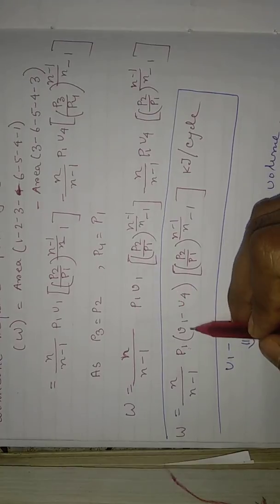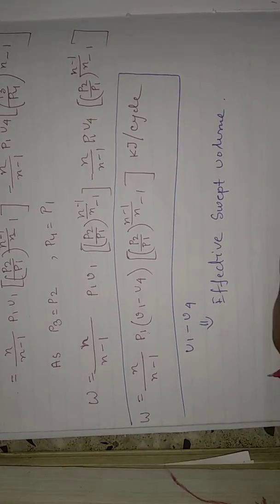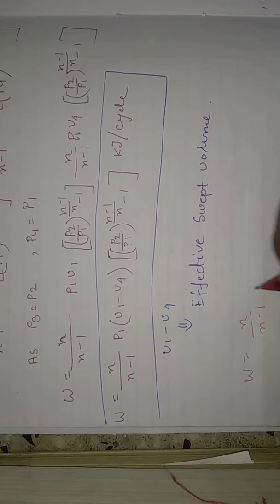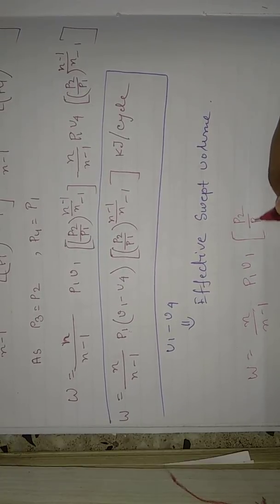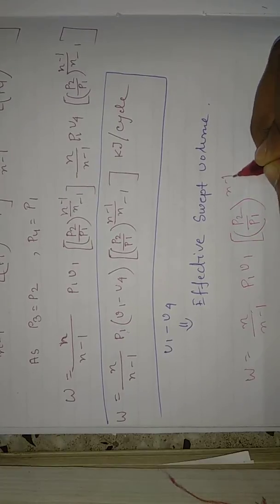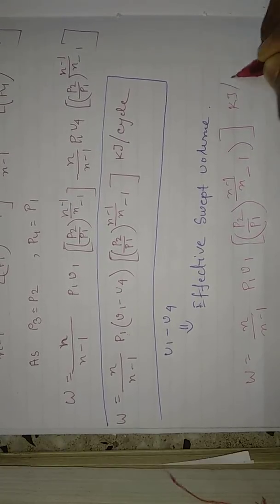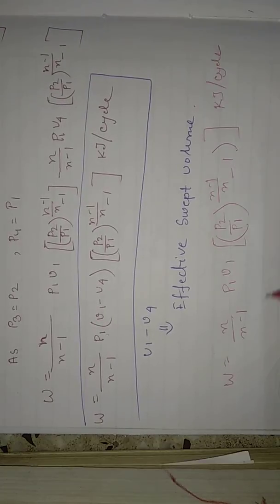Now the previous expression was the work done required if the clearance volume is neglected: n by n minus 1 P1 V1 times (P2 by P1) to the power (n minus 1) by n, minus 1, kilojoule per cycle, when we do not consider the clearance in the piston cylinder assembly.